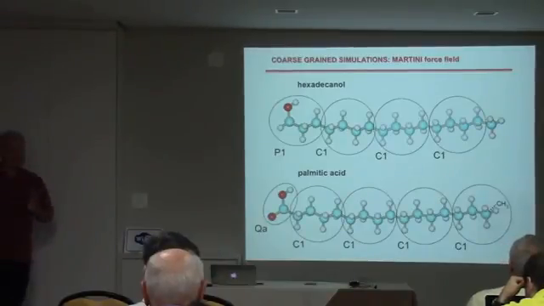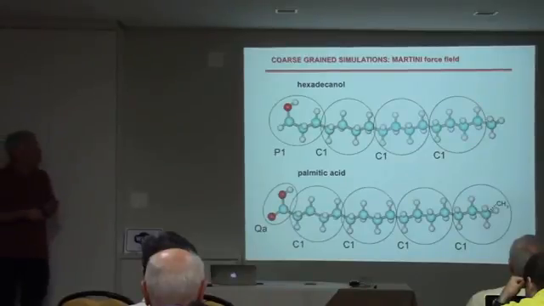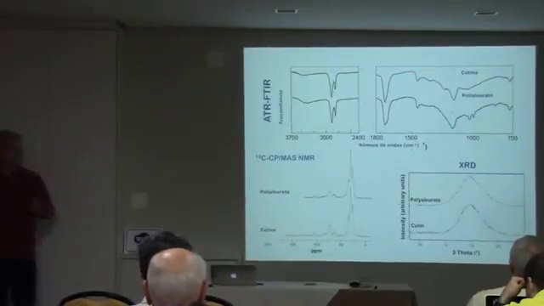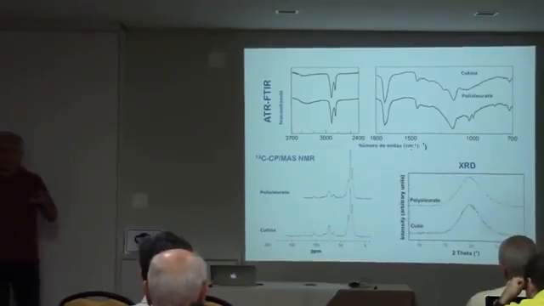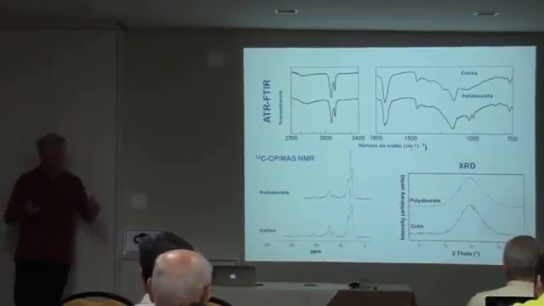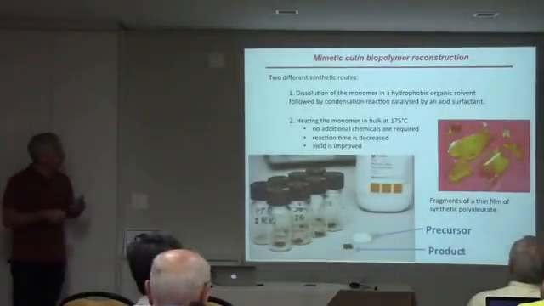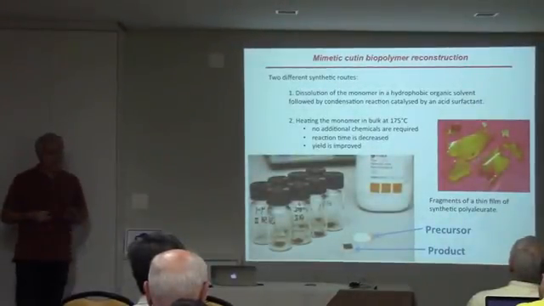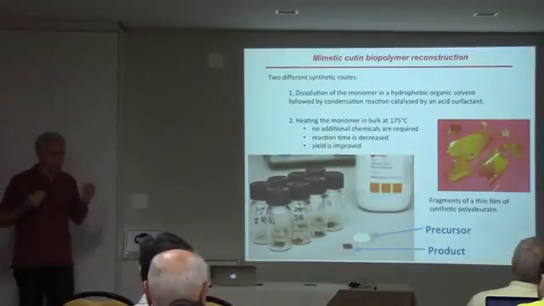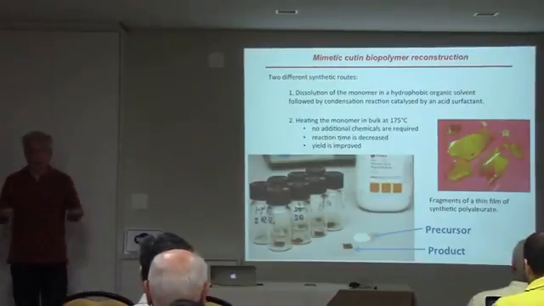From the point of view of the product, it works. When we use this mixture of monomers, the polyester is formed, and we got this plastic. But from the fundamental point of view, the system is more complicated.